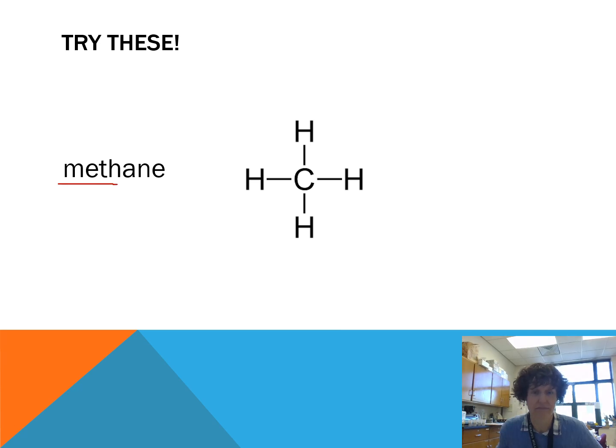Now, there aren't any other carbons for it to bond to, so you can't have a double or a triple bond. But remember, carbon can form 4 single bonds, and so in addition to that carbon right there, it would have 4 hydrogens attached to it because of the octet rule.